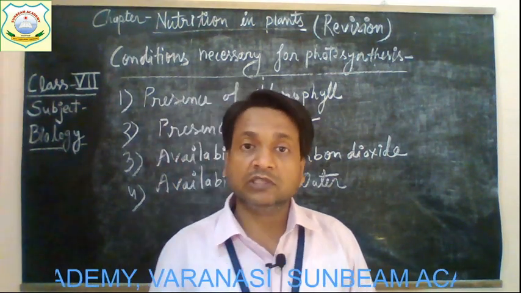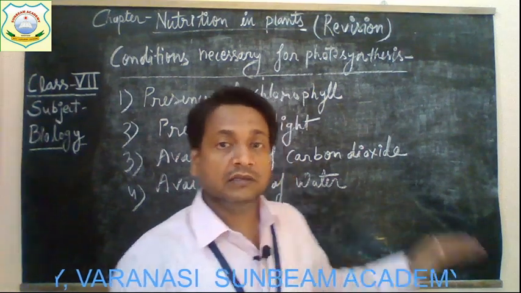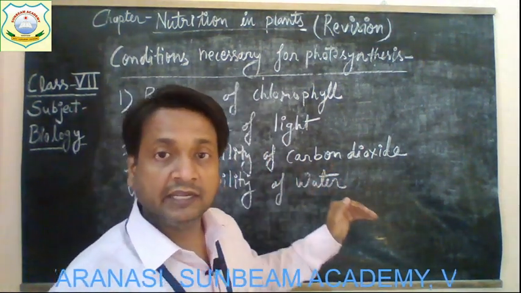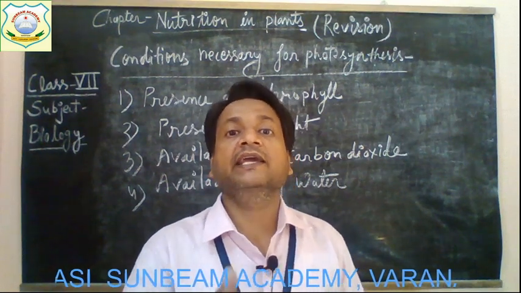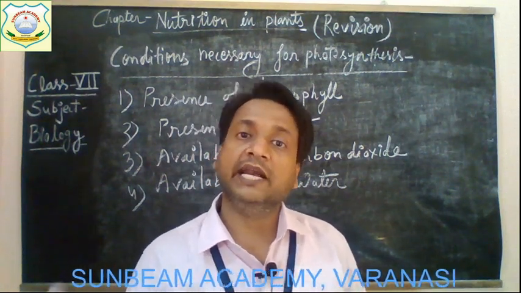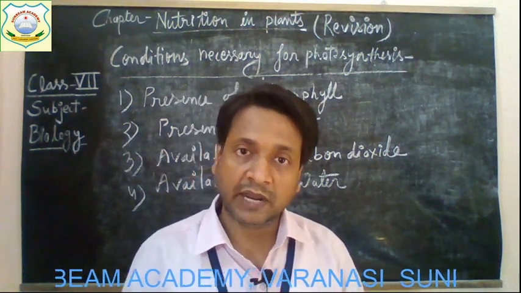So children, one more thing that is given in our chapter is how the carbon dioxide and the excess water get exchanged, how the carbon dioxide enters and how the excess water is removed from the plant body.